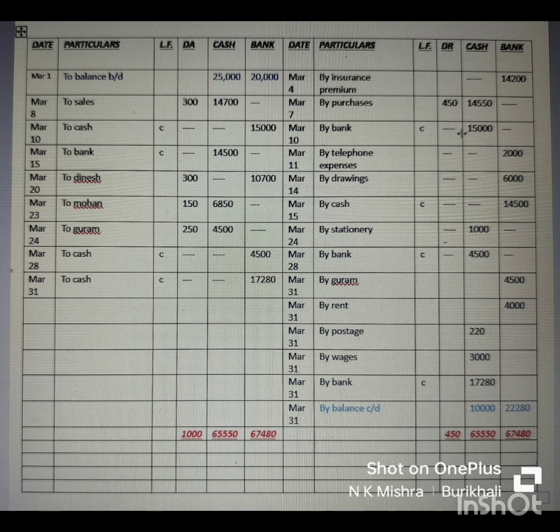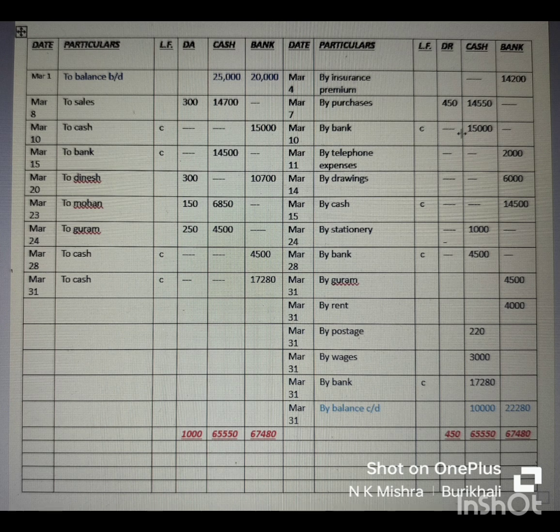I am getting 27,280 rupees in cash if I do it in rough, so keeping 10,000 in hand, for the rest, 17,280 rupees, I will pass a contra entry and deposit it into the bank. That's why on the last date, March 31, I have passed one more entry which is not mentioned in the question. March 31, 17,280 rupees is deposited in the bank, and from cash that much amount is going away. Okay, 17,280 is coming in the bank, and from cash it is moving away.